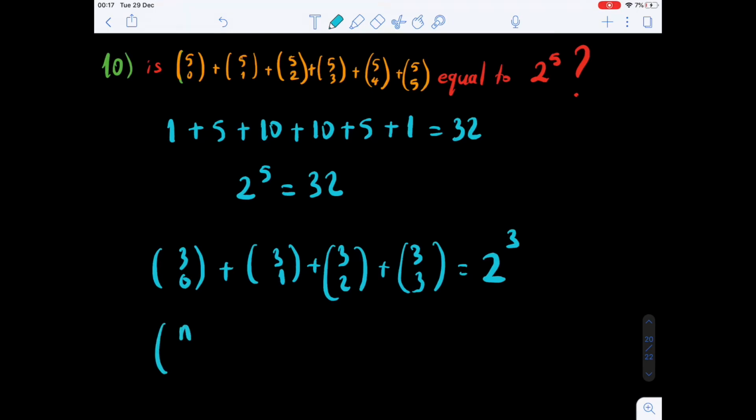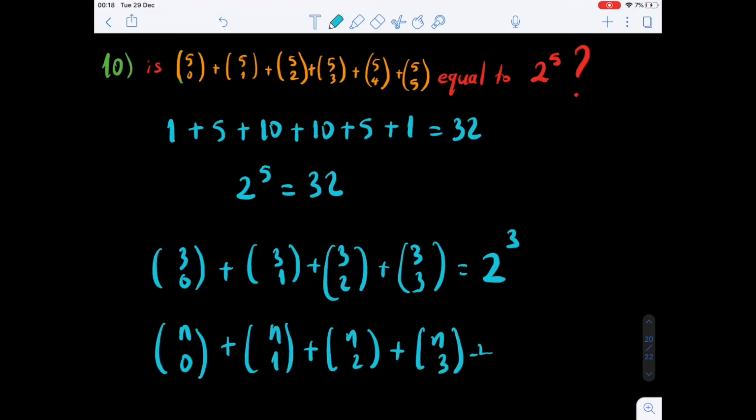If I have n as a total, and I start from 0, n choose 0 plus n choose 1 plus n choose 2 plus n choose 3, and it adds up to n choose n, it's going to be 2 to the power of n. The total will be 2 to the power of n.